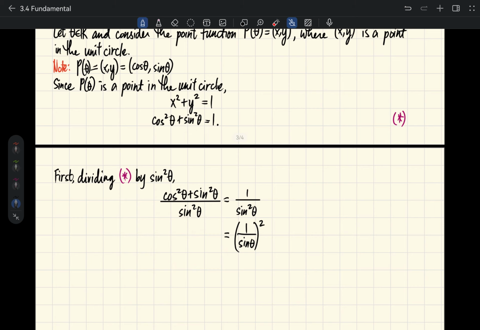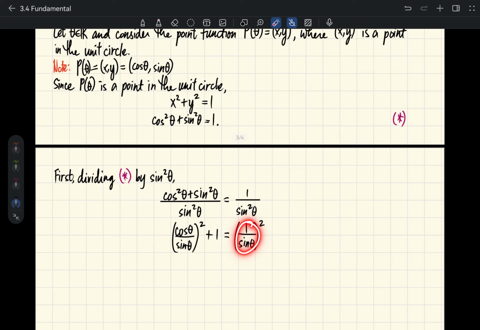So we have cosine squared theta over sine squared theta plus 1. And similarly, we can bring out the square and write this as cosine theta over sine theta raised to 2.